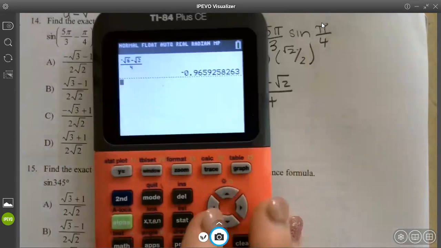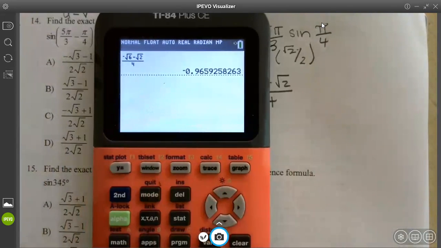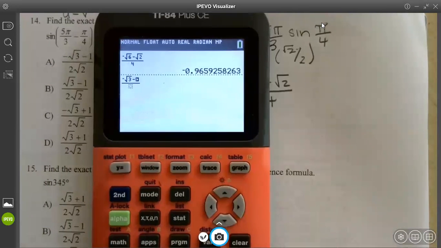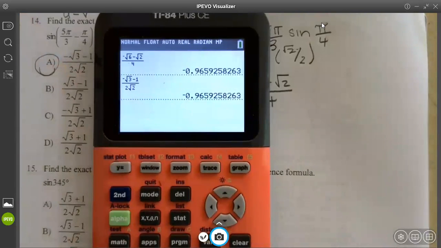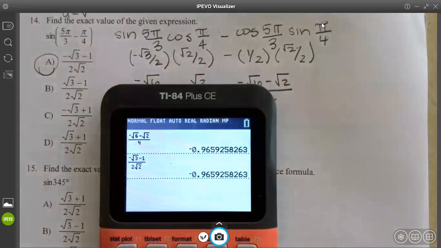Then match it. So start with the first one. Negative square root of 3 minus 1 over 2 square root of 2. What do you notice? It's the same, so that means that's your answer. And again, you can do that decimal stuff from right here. You don't have to simplify it at all.